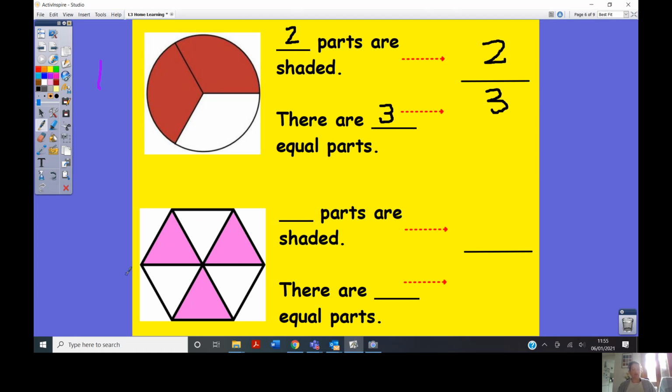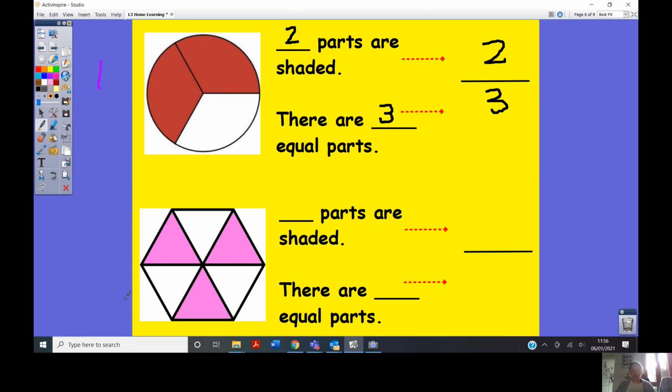If you're not sure, you can rewind and look at the definitions of the different parts of fractions to help you out. Okay, 10, 9, 8, 7, 6, 5, 4, 3, 2, 1. Okay, eyes on the video.